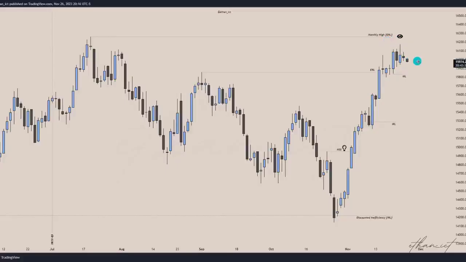And that's why in my weekly review, I have noted that I can see price playing out both ways, because if it is a reversal profile, then we would trade lower into an inefficiency on the higher time frames and then reverse higher, or we could just do a continuation for that monthly high as external range liquidity.